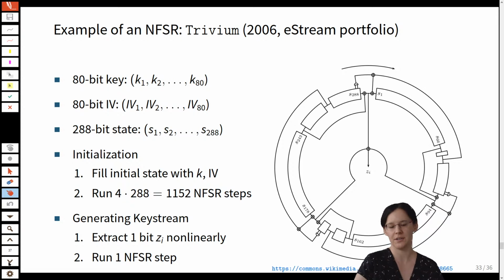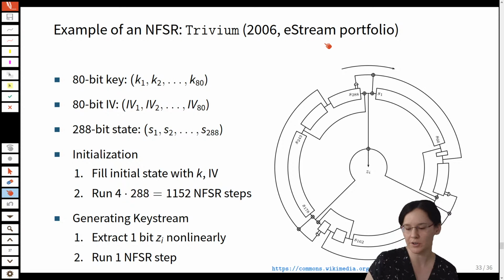It was also one of the final portfolio entries of a previous competition, the so-called eSTREAM project, which looked for stream ciphers. Now, unfortunately, in the original portfolio, many of the schemes that were selected were later broken. This confirms a bit this prejudice that stream ciphers are really hard to get secure.